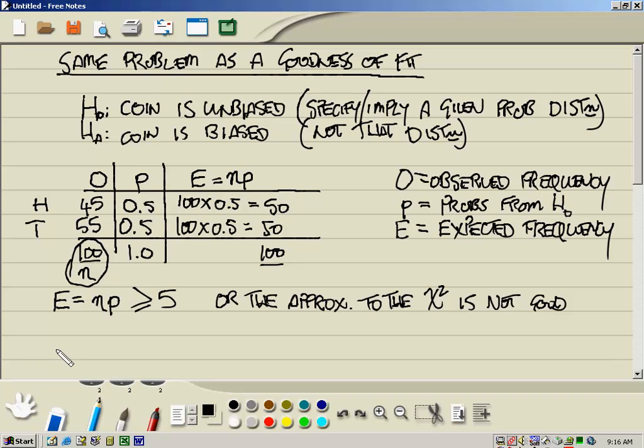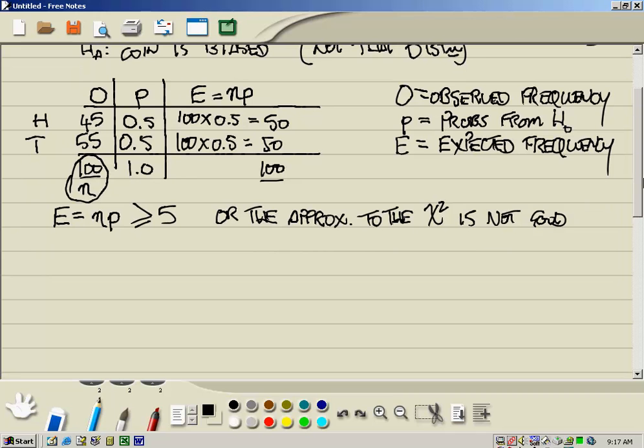Just like we had in the binomial, you might remember, to approximate the binomial with a normal, we needed the expected values to be greater than or equal to 5. Here both expected values are greater than or equal to 5, so we don't have to worry about it. But down the road, we will have to worry about it, but we'll see that later.